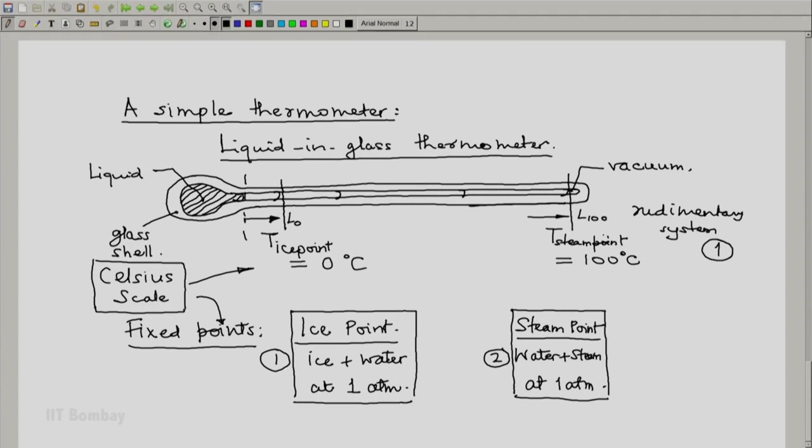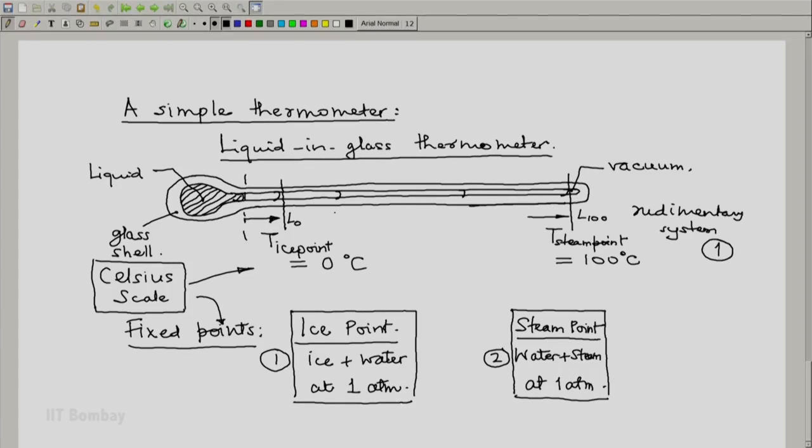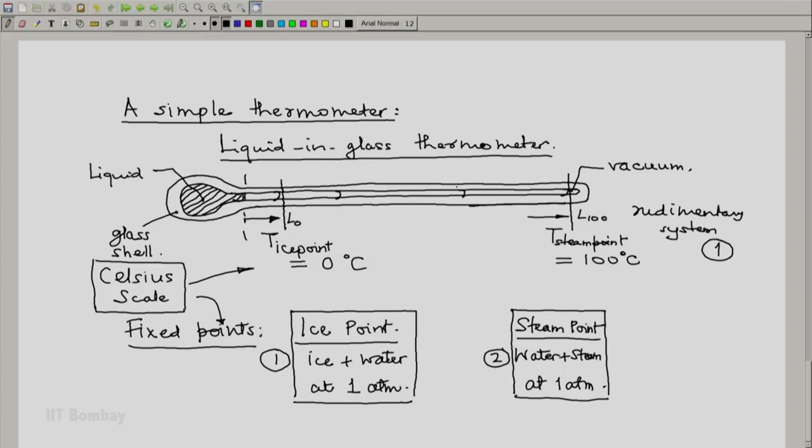This uses standardized systems, such as the ice point system and the steam point system. And then suppose you have to measure the temperature of some other system, say I have to measure my temperature, then what shall I do? I will bring this thermometer in contact with myself.